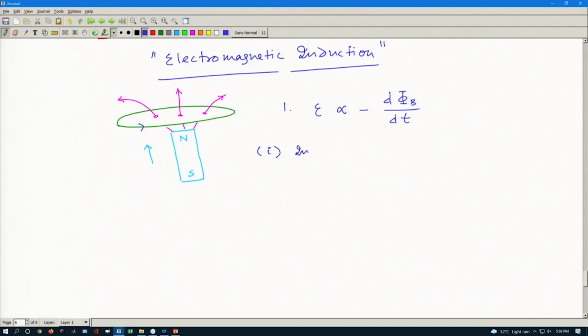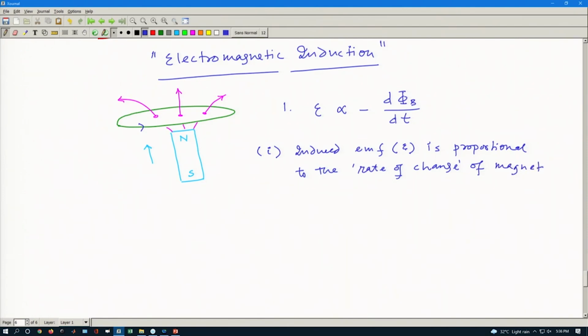So, the induced EMF is proportional to the rate of change of magnetic flux, which is phi B here.